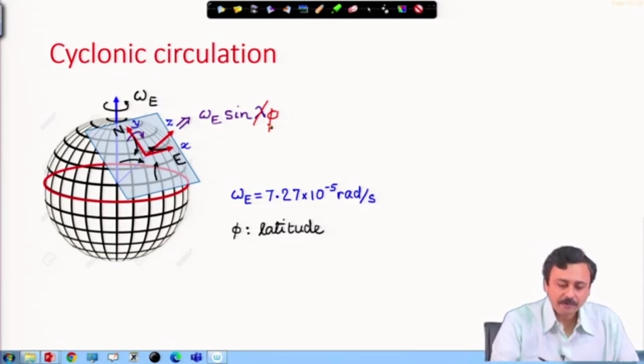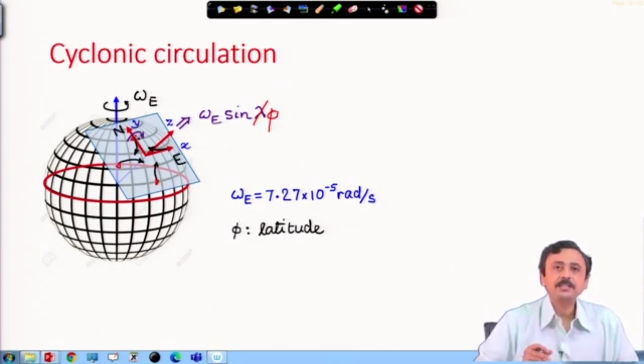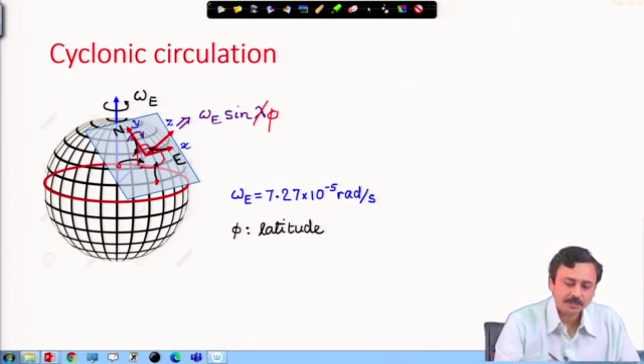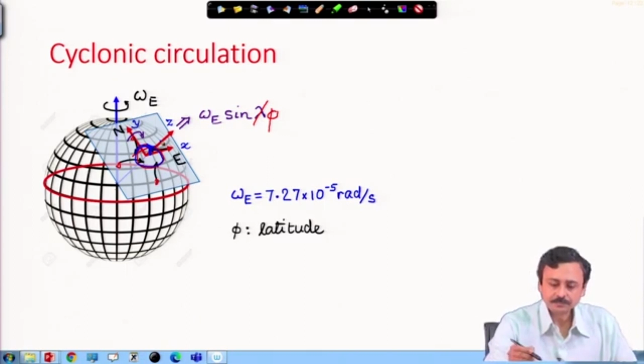Starting from every location it will veer to the right, and that starts the cyclonic circulation. Therefore, in the northern hemisphere where phi is positive, you have a counterclockwise rotating circulation.